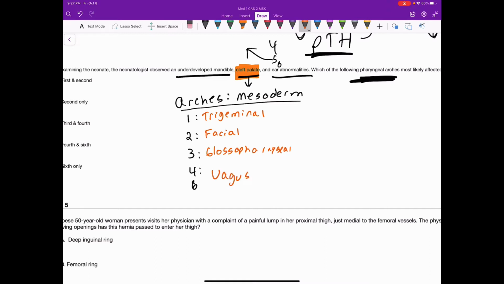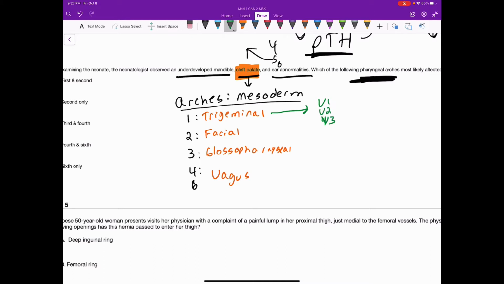Okay. So if you don't know the different breakdowns, this question might be a little tough. But if you know them, it's very easy. So we have to know trigeminal is cranial nerve 5, and tri for 3, meaning it breaks down into 3 different regions. What are the regions? It could be V1, V2, or V3.